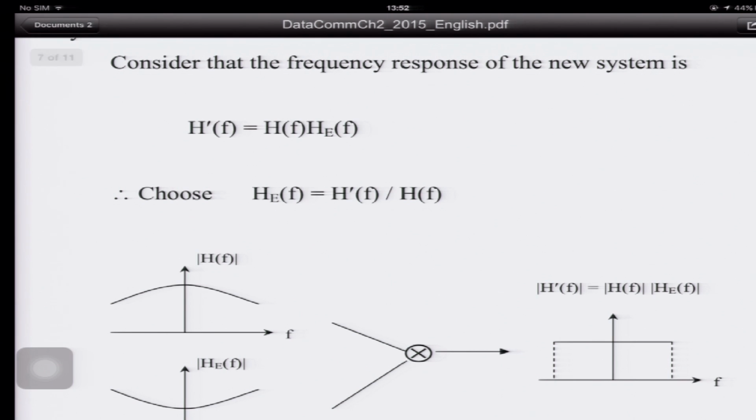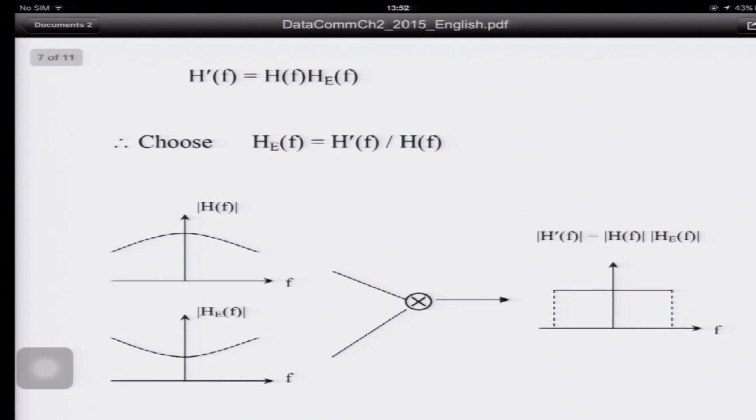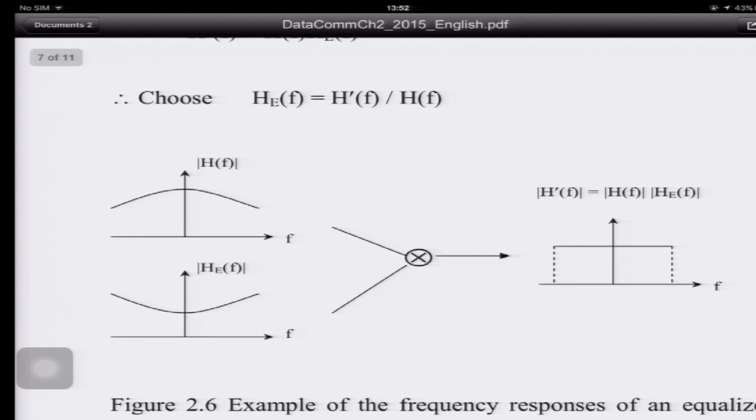So how do we find an equalizer? We want the overall response to be a constant, right? So if you take H'(f) and divide it by H(f), you get this formula. Let's look at the figure.